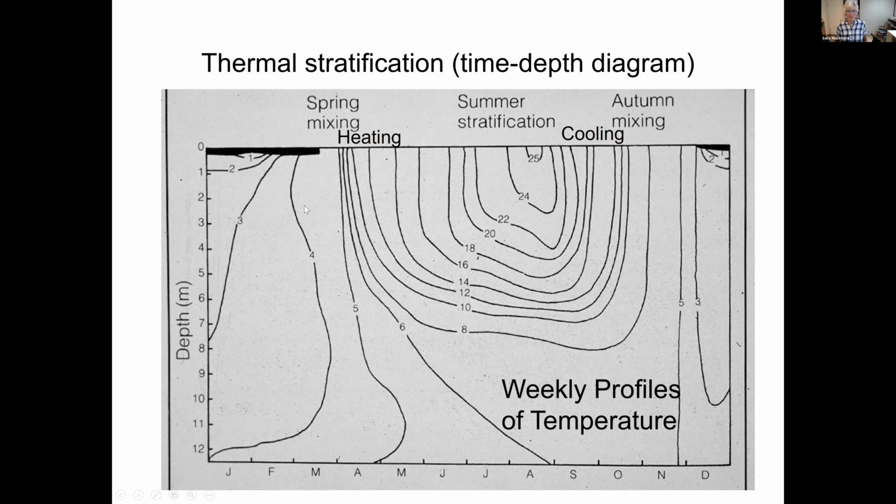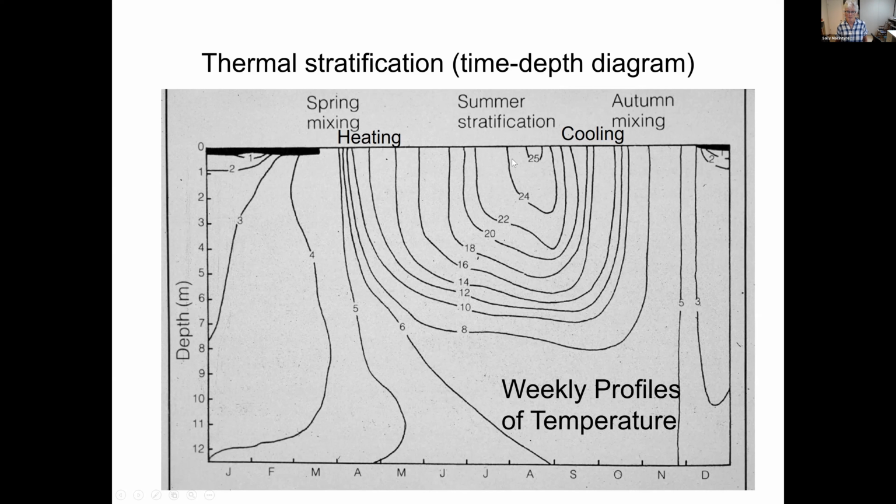Every one of these lines is a line of constant temperature. So what you see is under the ice, the coldest water is near the surface and the warmest is at the bottom. And then after ice off, a lot of the water column is around 4 degrees, which is the temperature of maximum density.